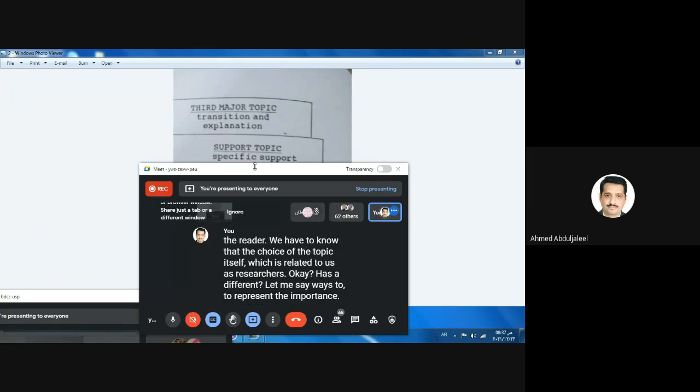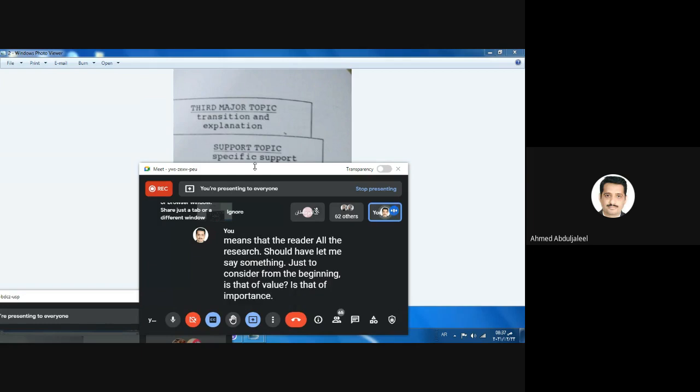Okay, so what does this mean? It means that the reader of the research should have something to consider from the beginning. Is that of value? Is that of importance?